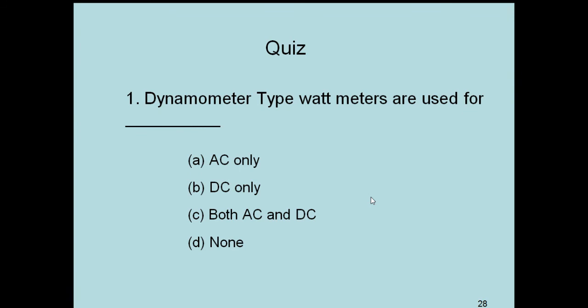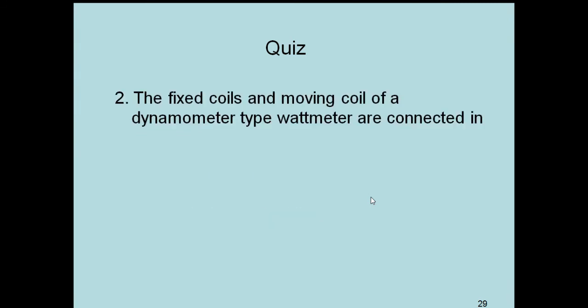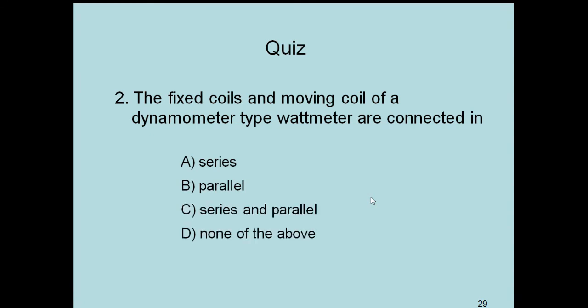Dynamometer type wattmeters will be used for both AC and DC. Option C, AC and DC. Fixed coils and moving coils of a dynamometer type wattmeter are connected in series and parallel.